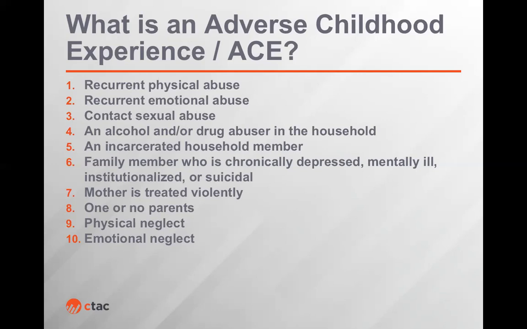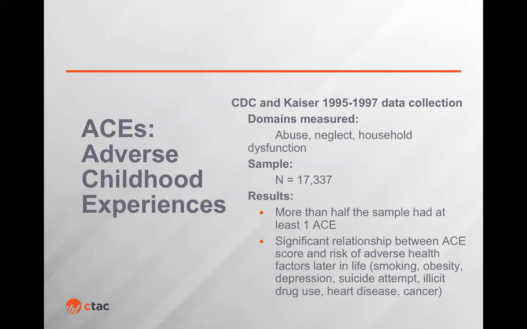And so these are the 10 different criteria that are used to assess what the experiences are of a young person before the age of 18. And the ACEs study was done by the CDC as well as Kaiser, and it looked at over 17,000 patients. And what they found is more than half of them had at least one ACE. And actually, one of the interesting things about ACEs that I find in a lot of the conversations is how does it come about?